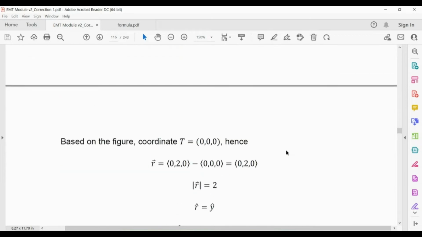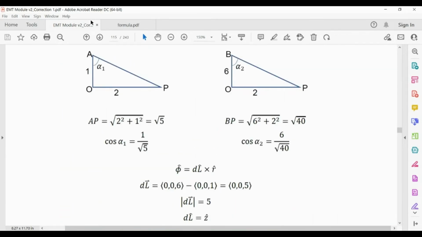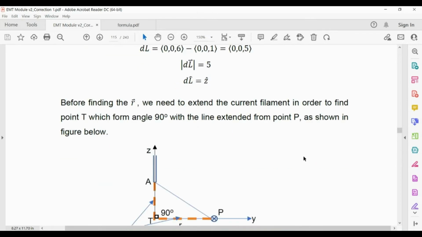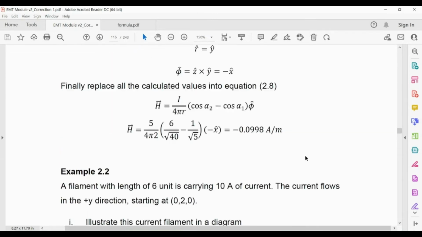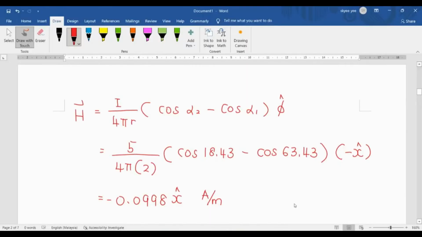It is up to you whether you want to use the tangent to find the angles, or use trigonometry straight away to get the angle. In the end you will still get the same answer.